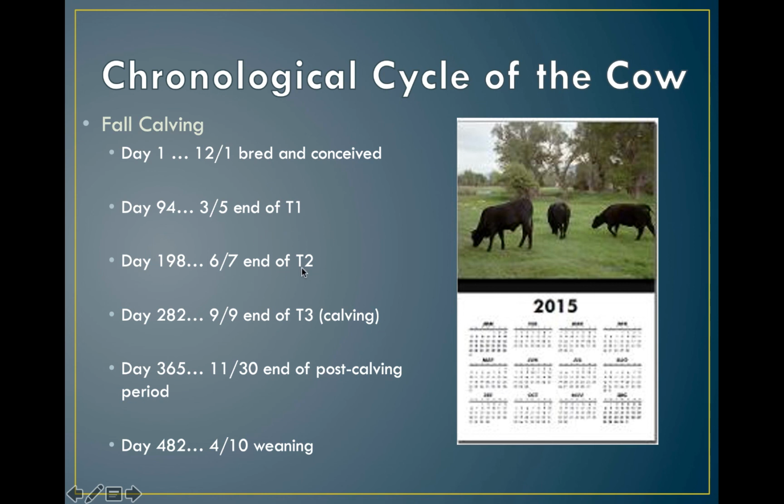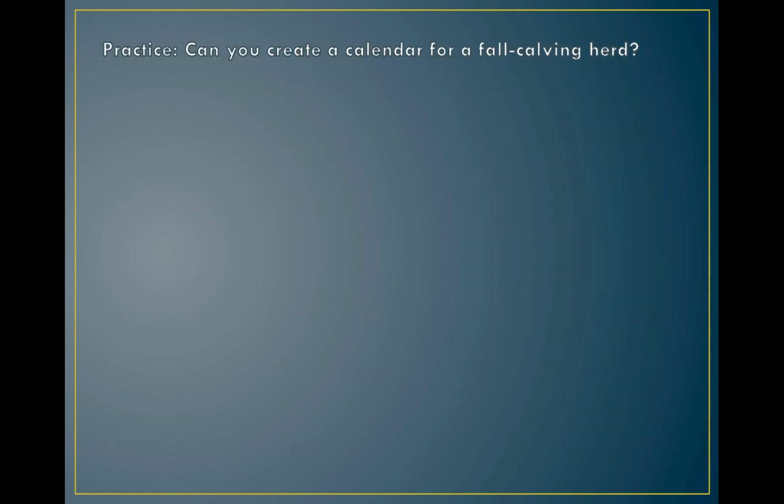End of trimester 2 would be June 7th. End of trimester 3 would be September 9th. This is where she would calve. Day 365 would be 11:30, so the end of the post-calving period. And her calf wouldn't be weaned until about day 482 or on April 10th of the following year. So again, our months just switch around.